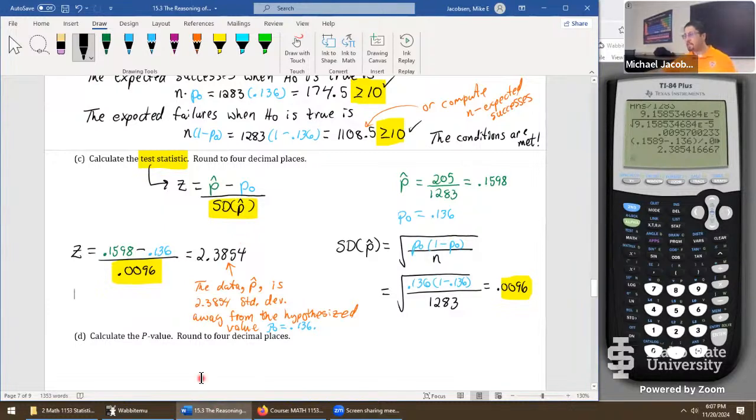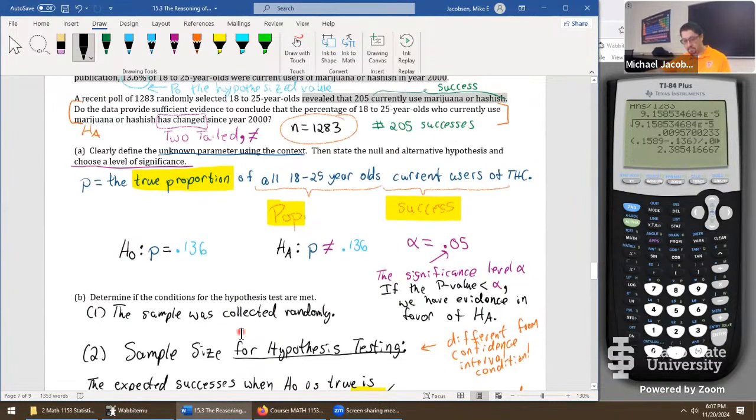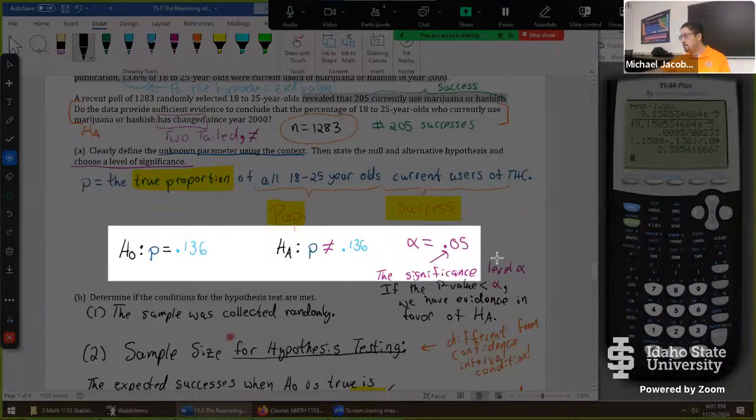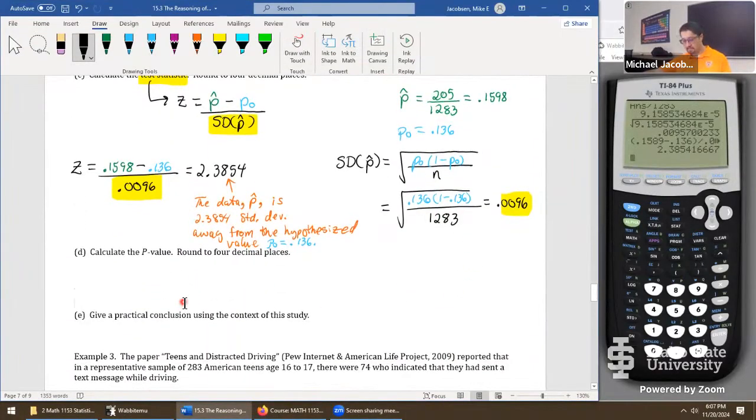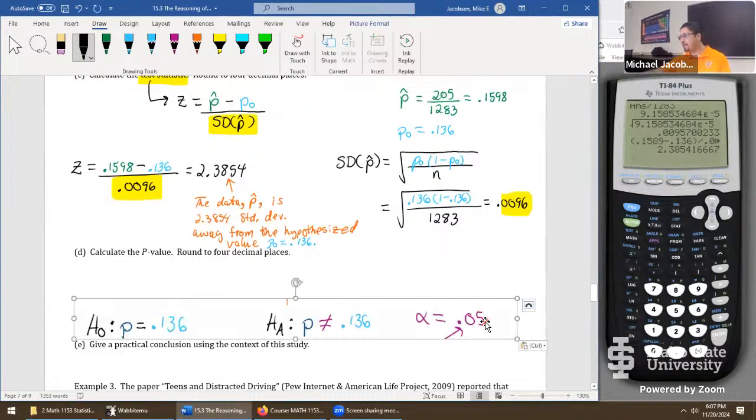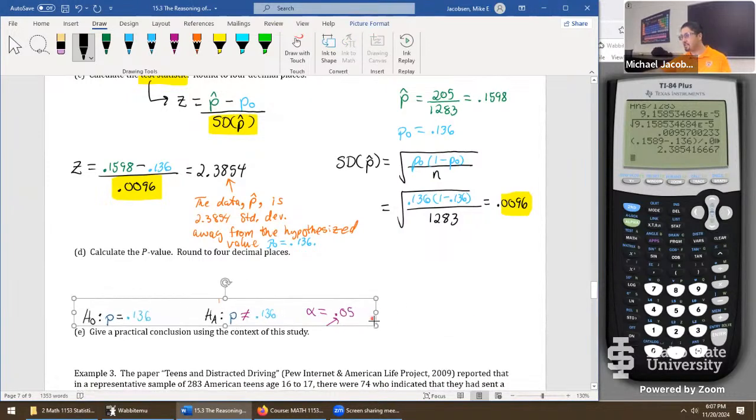Okay, so to get the p-value, we definitely need to take another look at what our hypotheses even were. So let me scroll up and just take a fast screenshot and then come back down. Okay, so here's our hypotheses, as well as our level of significance.